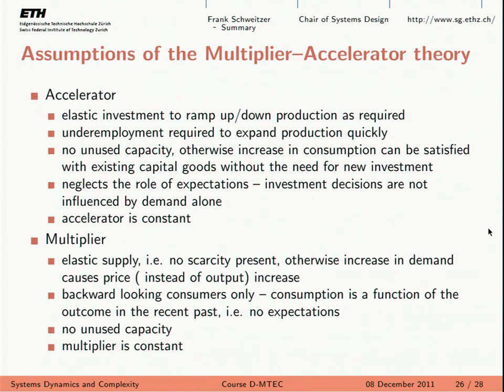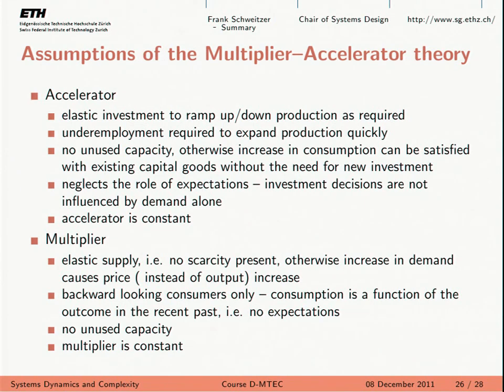First of all, both accelerator and multiplier assume that investment or supply is very elastic. So if you want to ramp up production or ramp down production in response to supply or output differential, you can do this immediately, which is obviously not realistic.